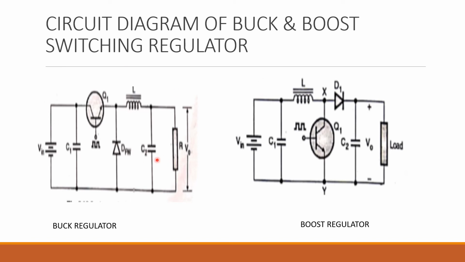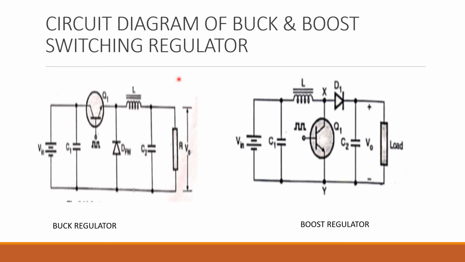The first circuit is of buck regulator. Second circuit is of boost regulator. Buck regulator will have output voltage which is less than or equal to the input voltage. Boost regulator will have output voltage which may be greater than input voltage. That's why the name is boost regulator.